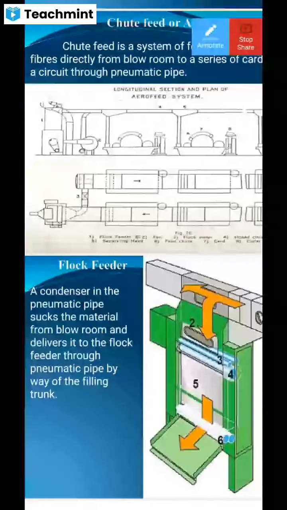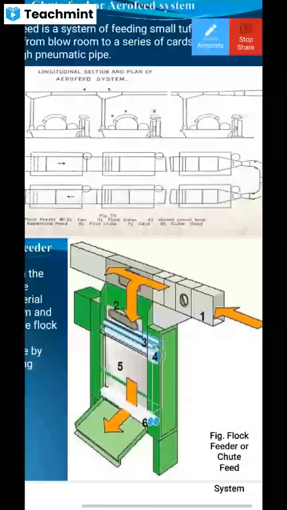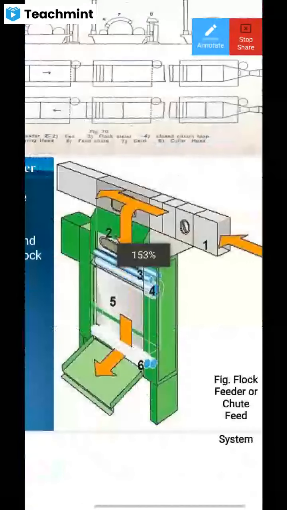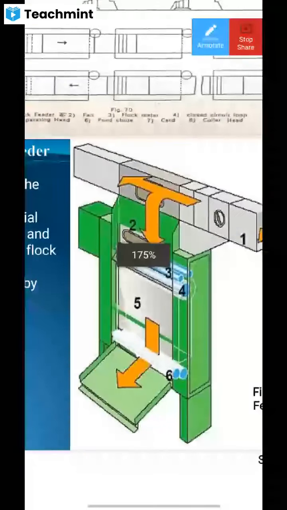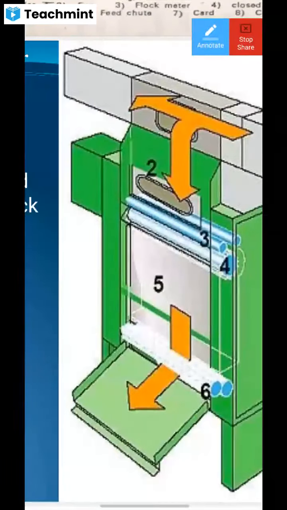Here you see the schematic diagram of the flock feeder. Here is the rectangular duct arrangement with feeding rollers, a pair of feeding rollers and condensing rollers. This is the glass door, and here is the direction of material flow.